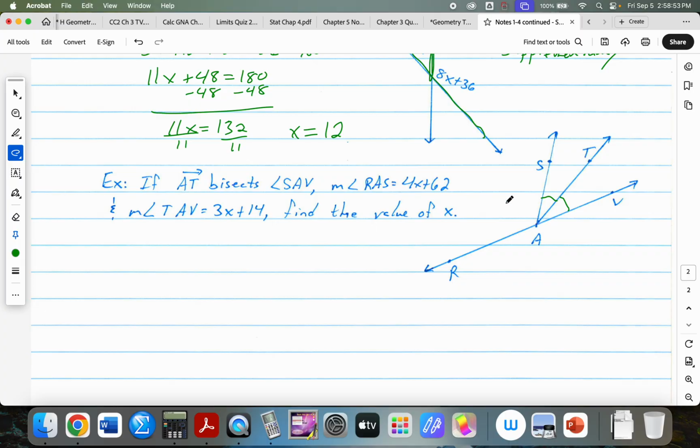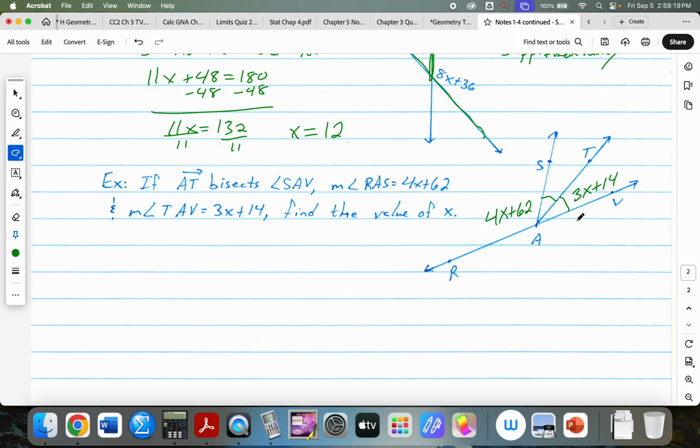The measure of RAS, from R to A to S, this big angle over here, is 4x plus 62. And the measure of TAV is 3x plus 14. They want us to find the value of x.